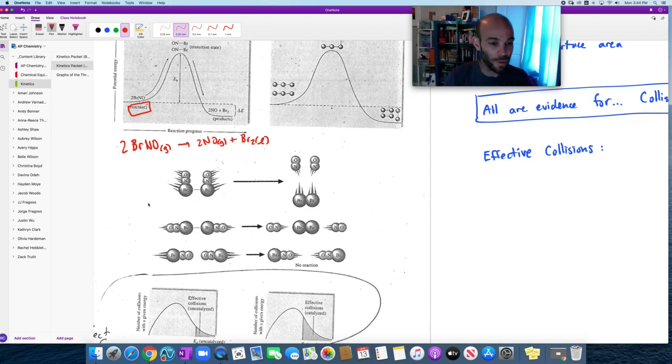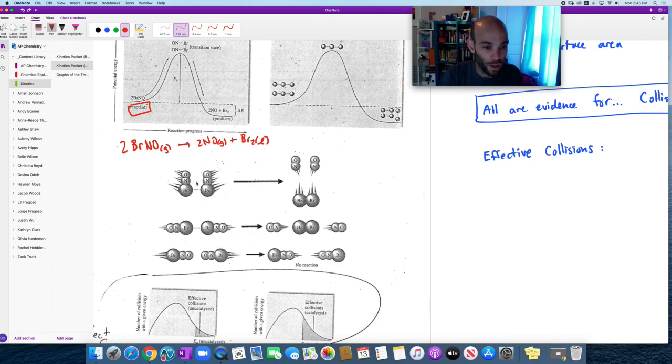In the second picture here, you can see that they're coming straight on, head on towards one another with the bromine atoms that are hitting. But each time it's those bromine atoms that are hitting. And so maybe in order to have an effective collision, those molecules need to hit in a particular way, because we can imagine, if we're going to form some diatomic bromine, it's probably important for those bromine atoms to get close to one another and interact.